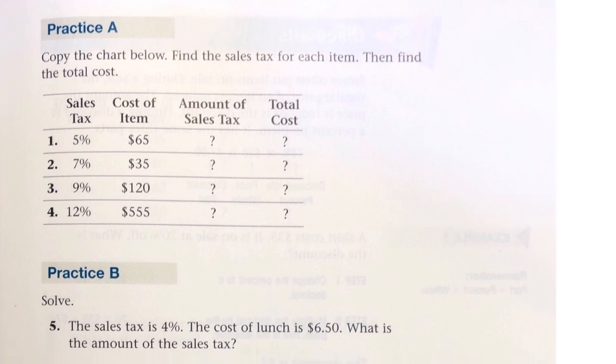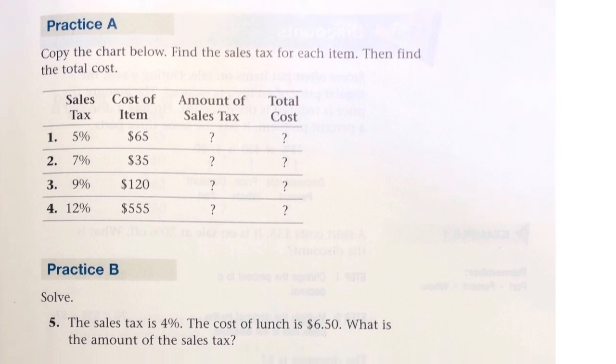So we've got a chart here. We want to find the sales tax for each item and then find the total cost. For the chart, I could fill in my decimals. Here's 0.05, 0.07, 0.09, 0.12.